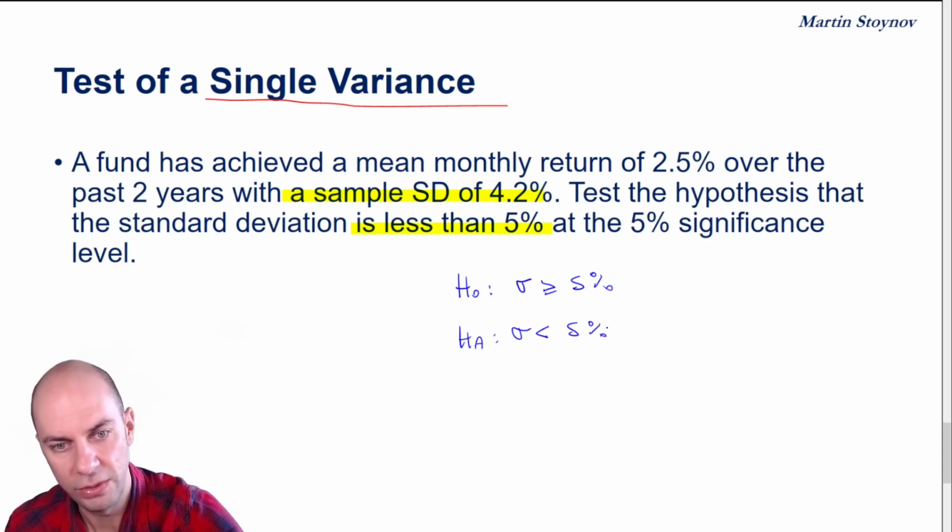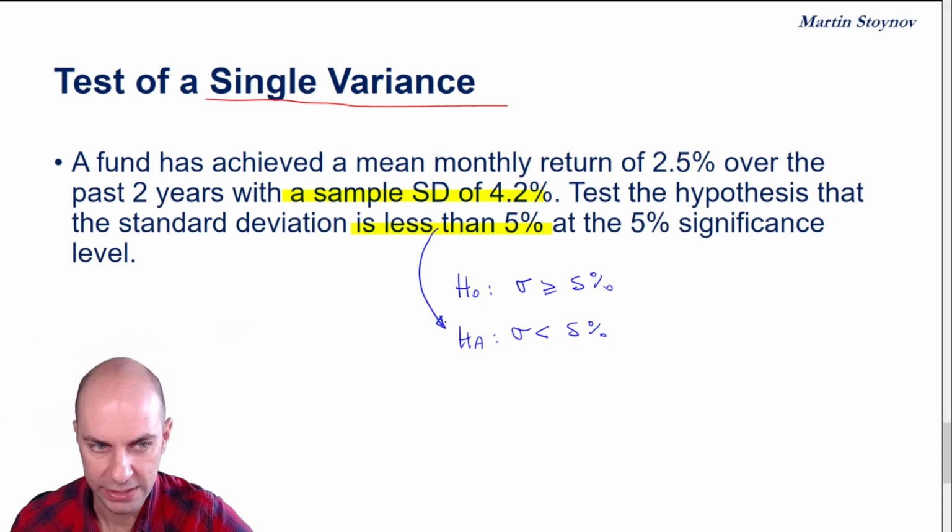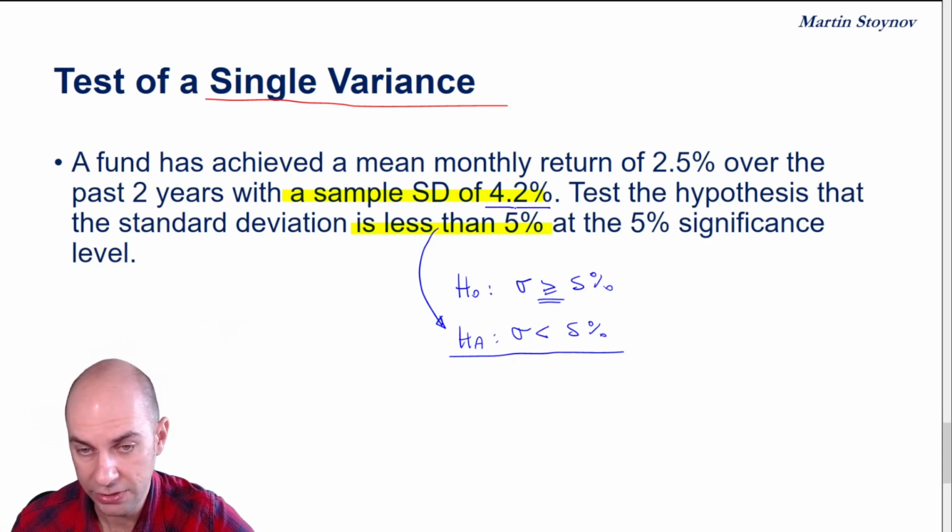Notice that we want to set this statement as our alternative hypothesis. This is kind of what we want to prove, whereas the null statement must contain the equal sign. So this is what we are trying to prove as our alternative, that our standard deviation was less than 5%. Now we know that the sample standard deviation was actually 4.2%, which is lower than 5% at first glance, but is this statistically true?